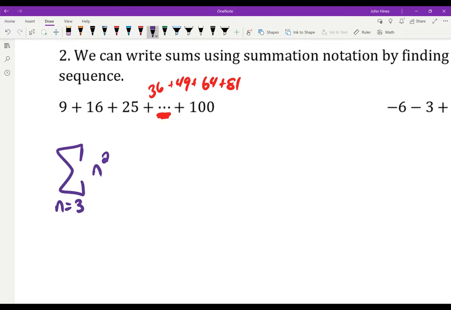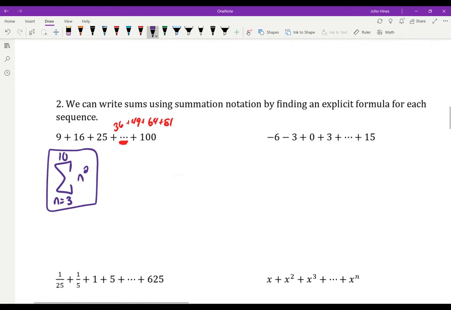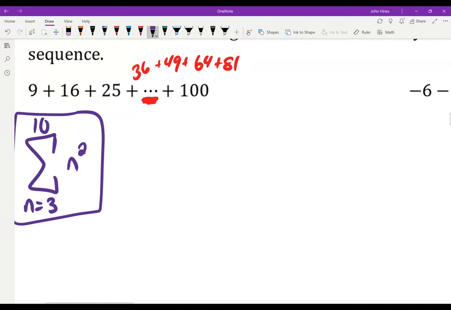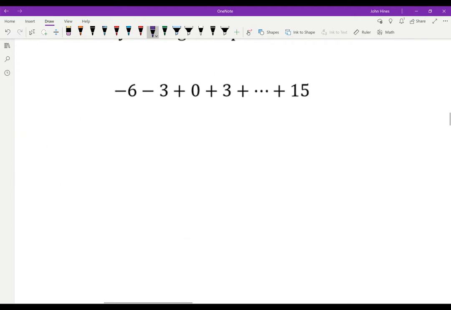Where we're going to start at 3, 3 squared, 4 squared, 5 squared, 6 squared, 7 squared, 8 squared, 9 squared, all the way up until 10. That's what this expression is really the same as. We're adding up perfect squares starting at 3 and going till 10. I know it's tough, but I just need you guys to understand what this sigma notation is representing.